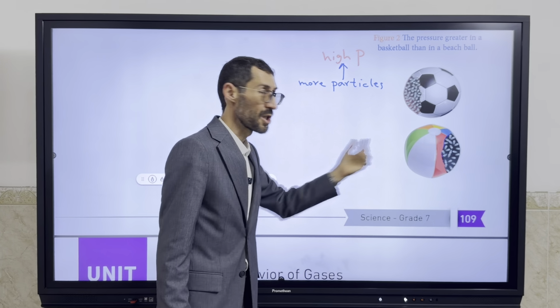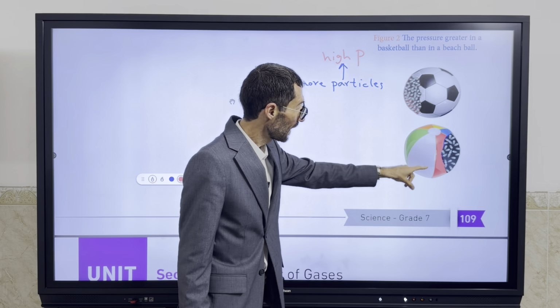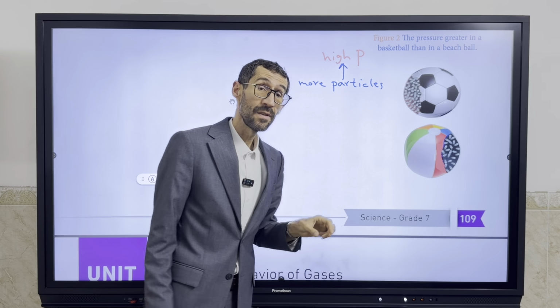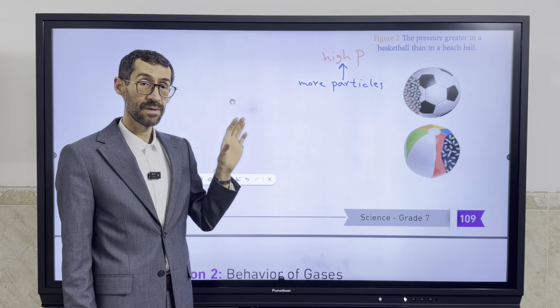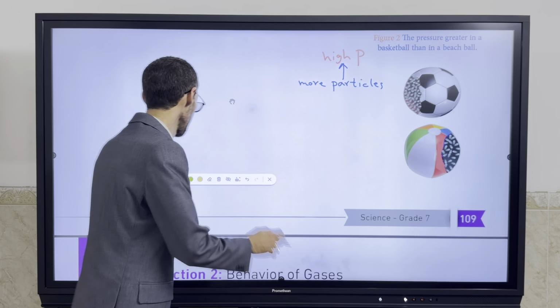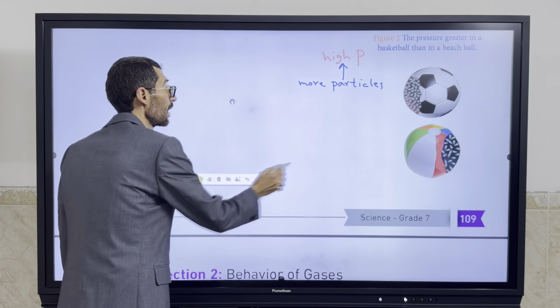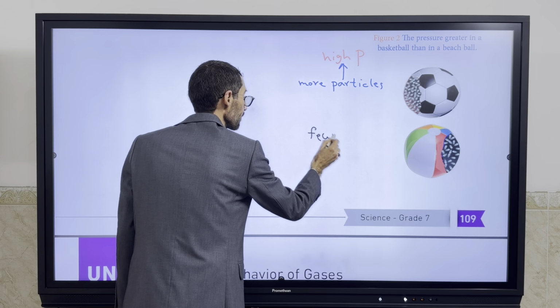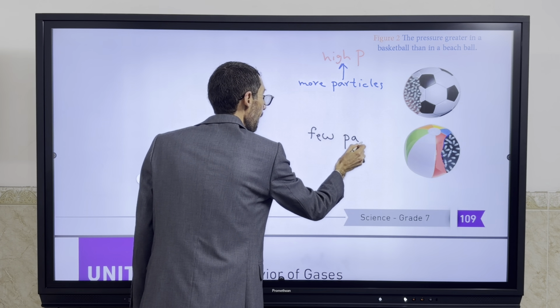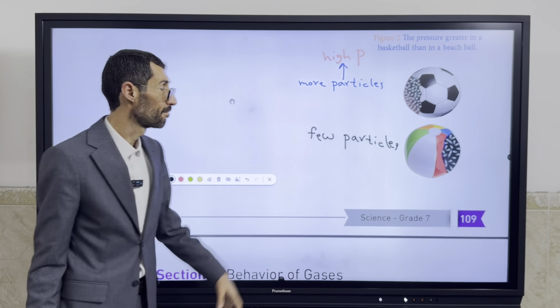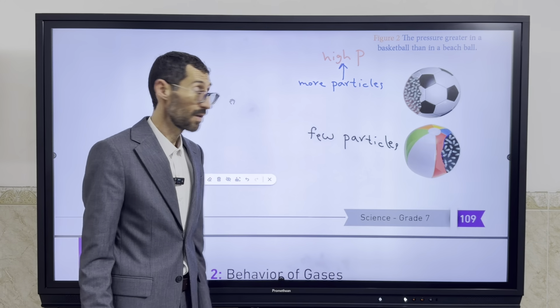What do you say about the beach ball? If you take a look at the particles of the beach ball, you observe that there is a fewer number of particles than in a football. Let me write it here on the figure: fewer particles. So few particles of air exist inside the beach ball.